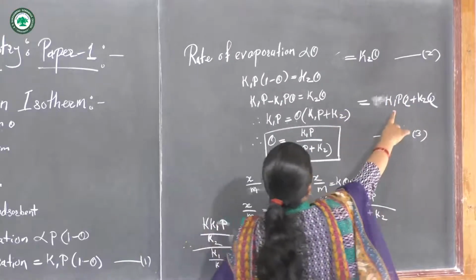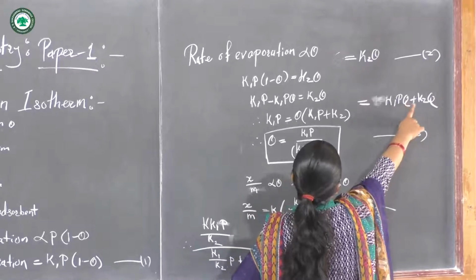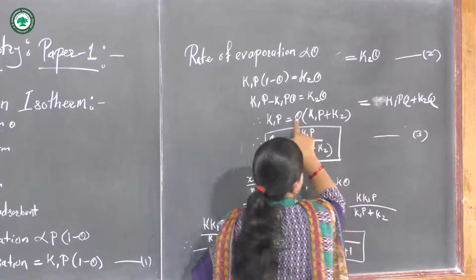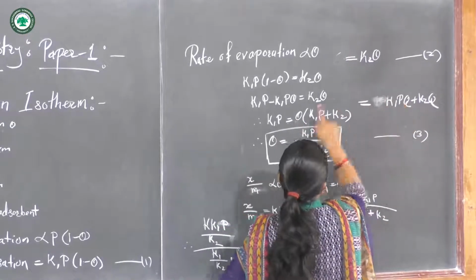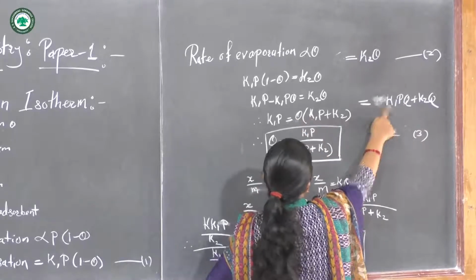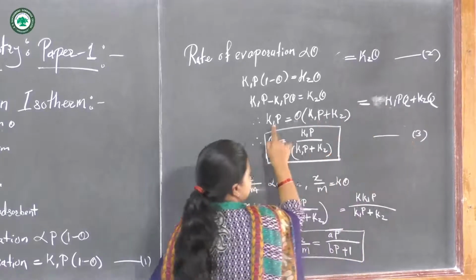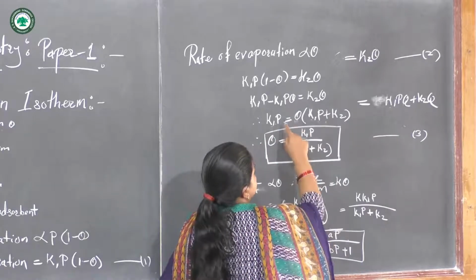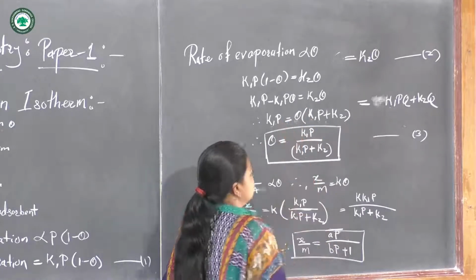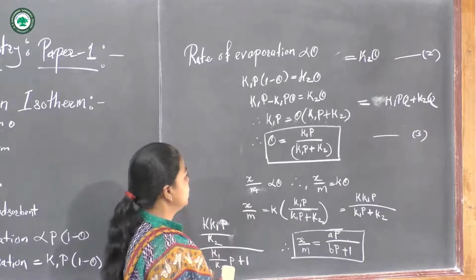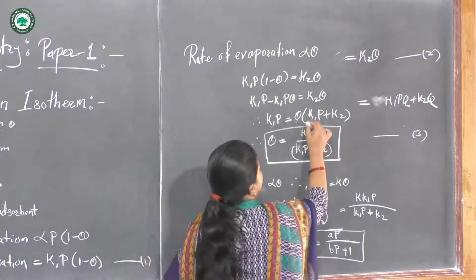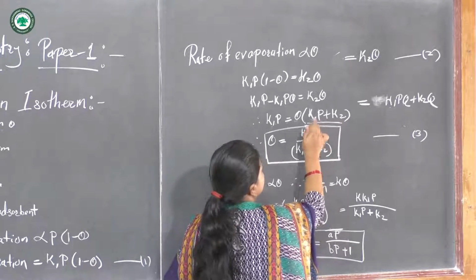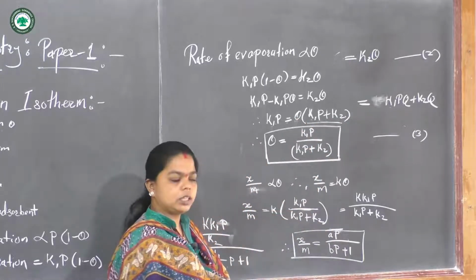Now we can take theta as the common factor, so we get theta into K1P plus K2. The value in the bracket is multiplied to theta.